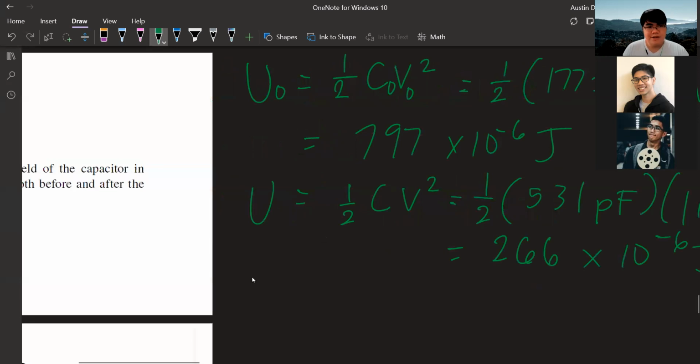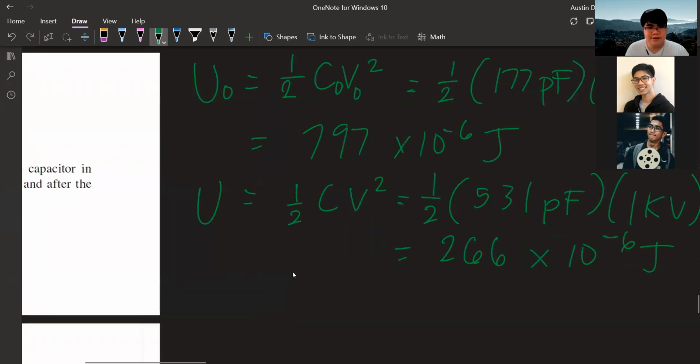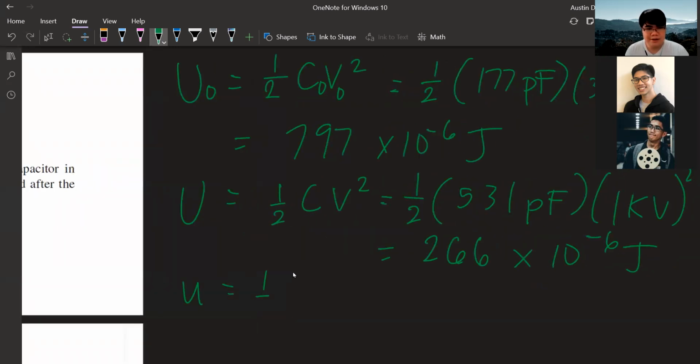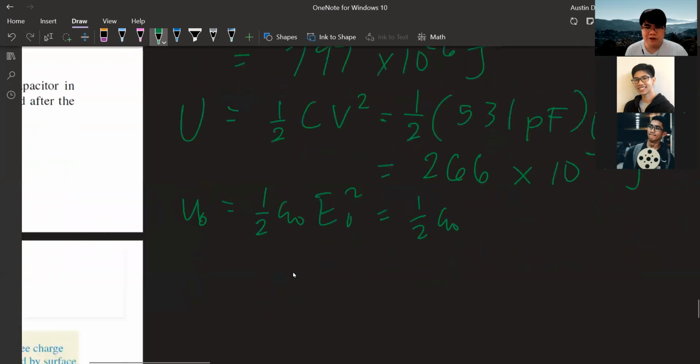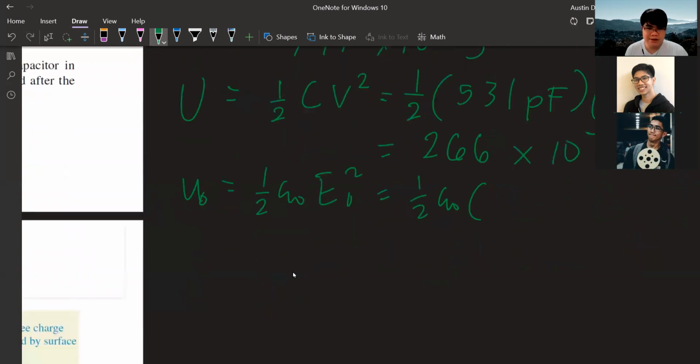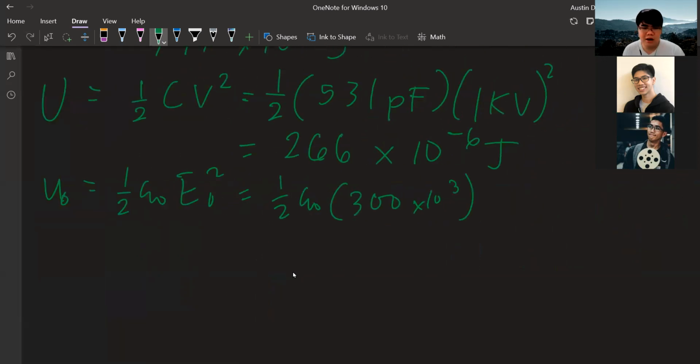And then the energy density is small u. So 1/2 epsilon naught E naught squared. So this is 1/2 epsilon naught. Kukopihin mo lang yung sagot natin sa E, which is 300 times 10 to the 3, squared.